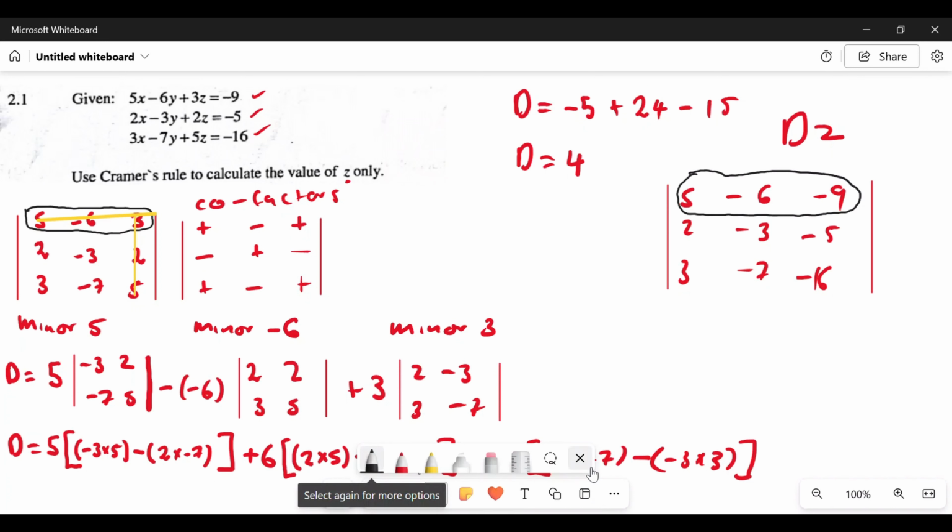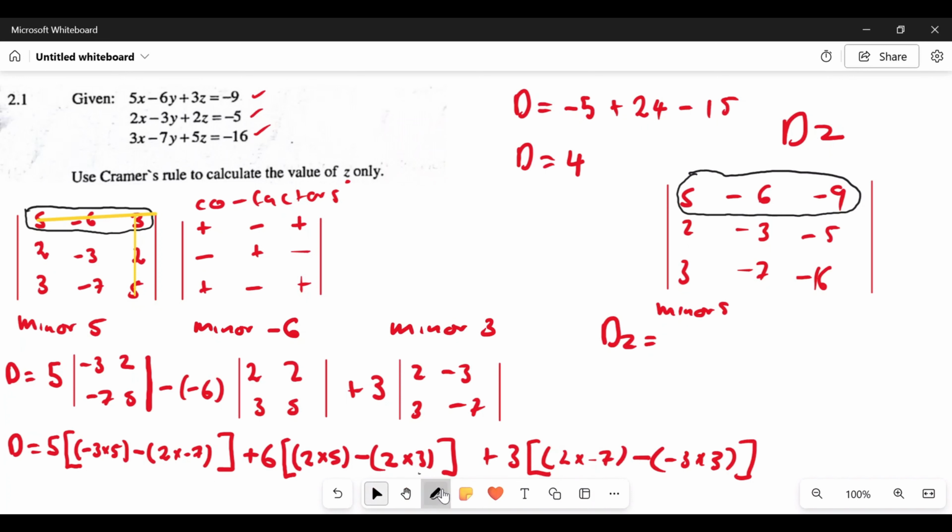Right, so let's continue. Now, when you continue, we need to calculate for dz. So we're going to do similar to what we did with the determinant. When the minor is 5, we're going to do the very same thing. We're going to scratch the column and the row where 5 is. So let's start with the row. There we go.